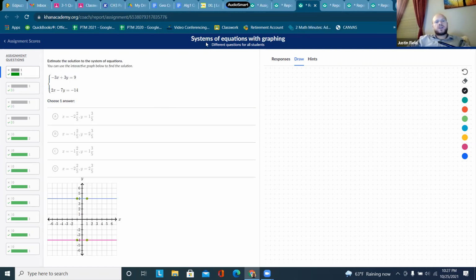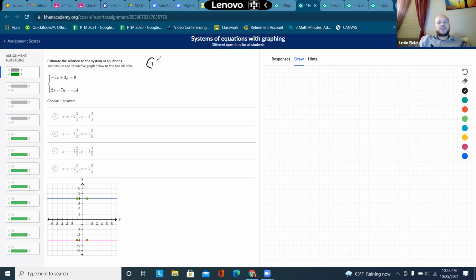Okay, next one is systems of equations by graphing. So when you are doing this, the first thing you want to look for is is it in slope-intercept or standard? Because if it's in slope-intercept, you want to graph the y-intercept and then use the slope.